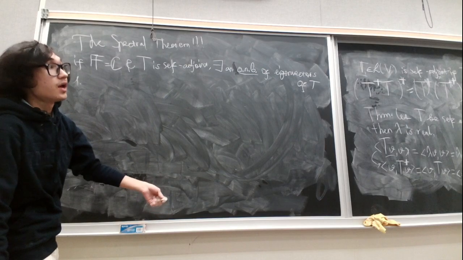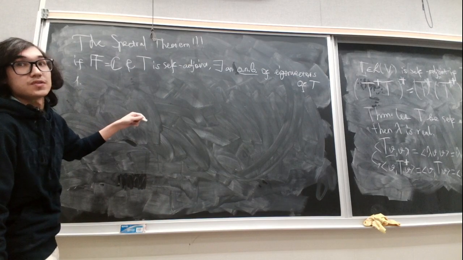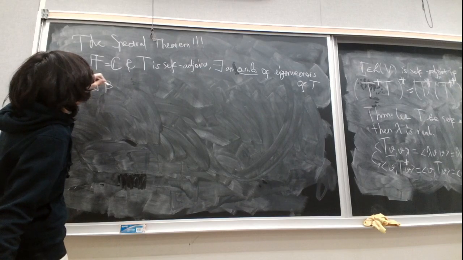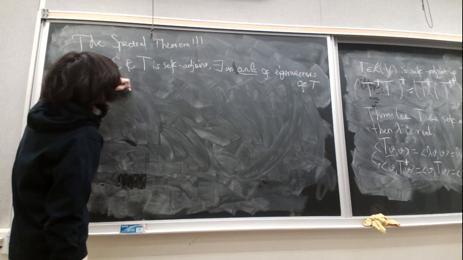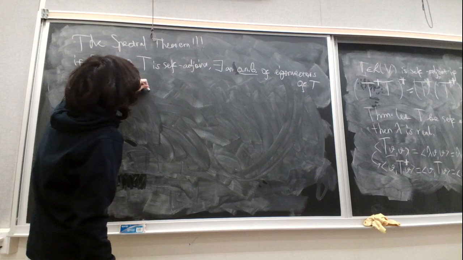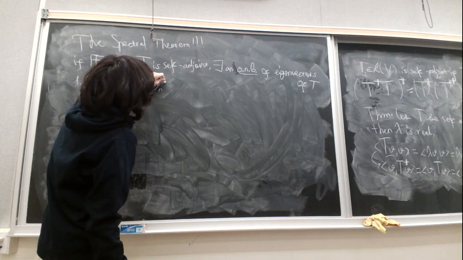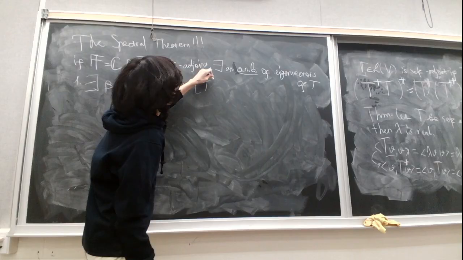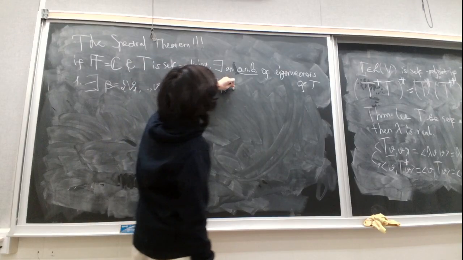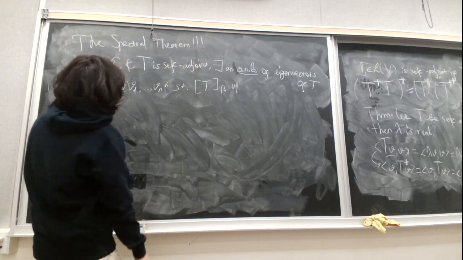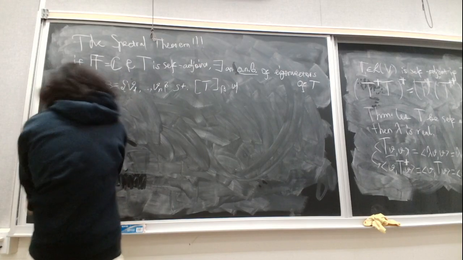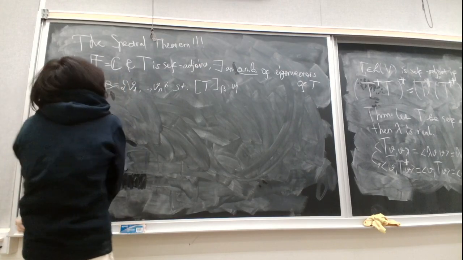And so all of this together means that there exists a basis of vectors such that T with respect to that basis is upper triangular. Oh, sorry, and it's orthonormal.